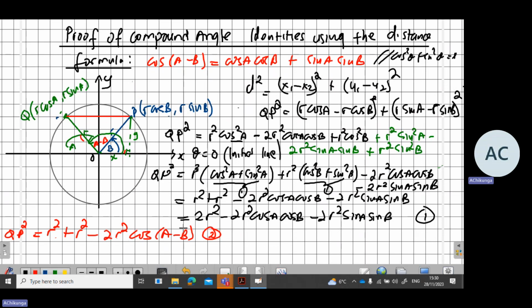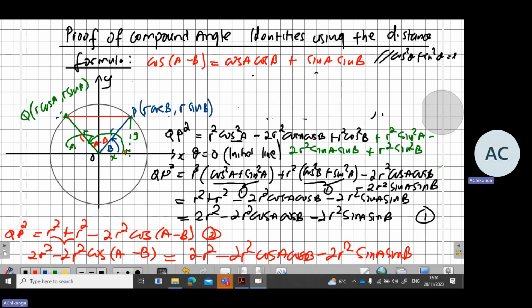So we can actually equate them to each other so that we are left with 2r squared minus 2r squared, because these two add up to 2r squared, then cos A minus B is equal to 2r squared minus 2r squared cos A cos B minus 2r squared sine A sine B. You will realize that a lot of things are cancelling out here.